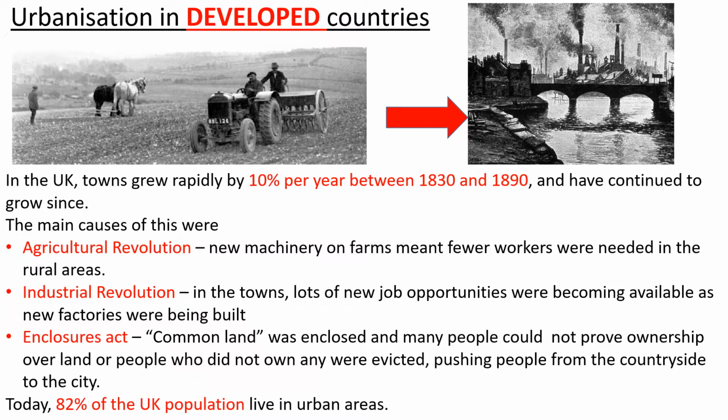Now, huge amounts of jobs became available as new factories were being built, essentially in northern towns, but all over England. And then all the resources needed to fuel it, like coal areas in Wales, so the Cardiff and Swansea areas. There were lots of resources available there, and so people started going to those areas, and they urbanized because there were lots more jobs available.